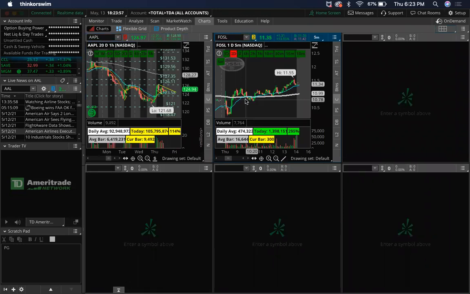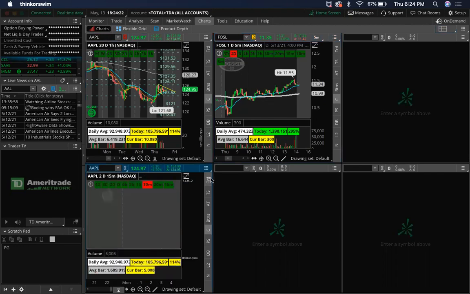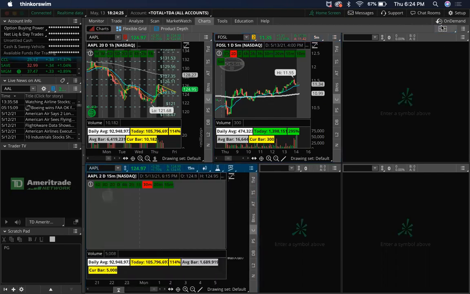So you might be going back from looking at Apple to Google to FedEx, and just looking at those three, you might not be able to catch something you would catch if you were just looking at one of them. Because even if I am in an Apple trade, I'm still looking at multiple time frames on Apple just to make sure it still looks the way I like it.